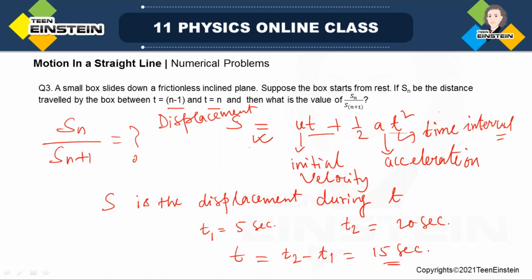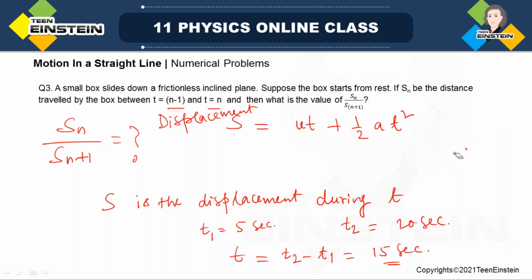So the formula you see here, the displacement, is not at any instant. As I have told you, this is not instantaneous displacement. It is actually the displacement during an interval. Now this Sn is instantaneous displacement. What does that mean? Suppose I erase this part.